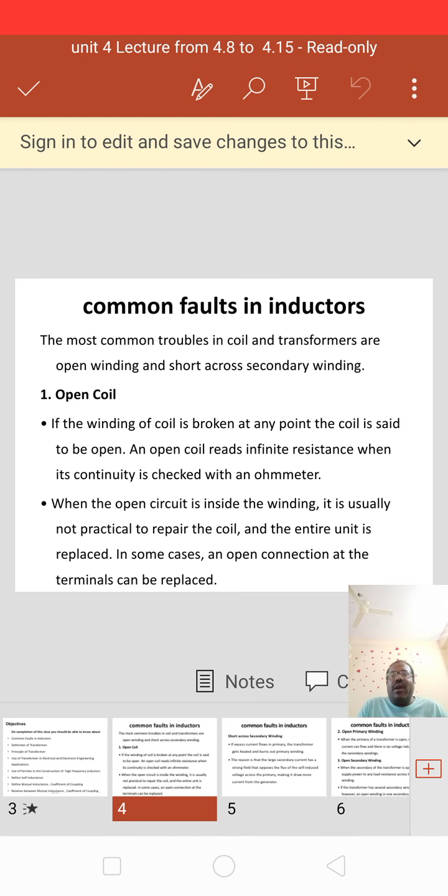An open coil reads infinite resistance when its continuity is checked with an ohm meter.